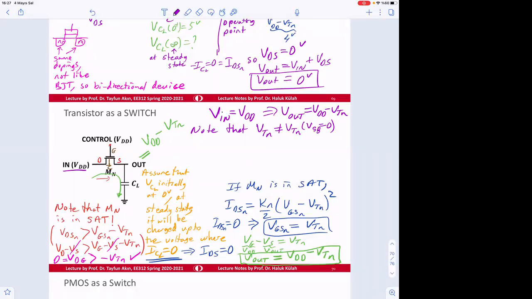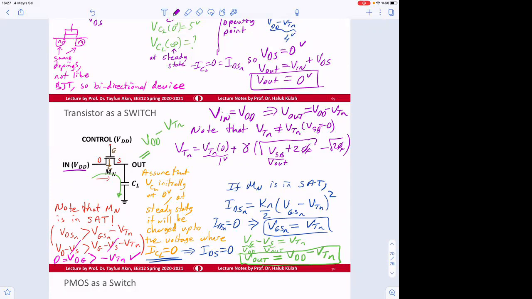As you know from your previous courses, Vtn is going to be equal to Vtn 0 plus, maybe you don't need to memorize this, but just for you to see this, V source to bulk plus 2 phi f minus 2 phi f. And that would be the case. So if this is originally 1 volt, this is going to be what? V source to bulk is equal to V out.